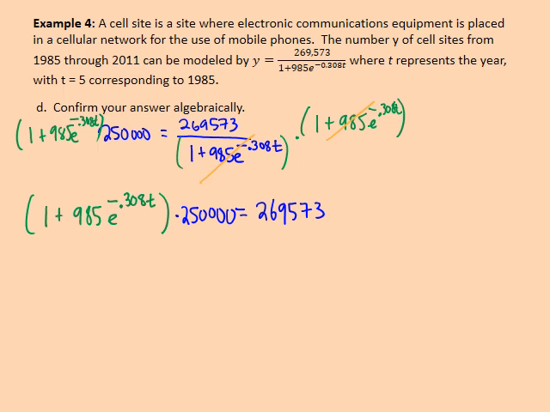Now, we would like to isolate the green portion. So we're going to divide both sides by 250,000. This is a fairly long decimal, so we're just going to leave it as a fraction. So we have 1 plus 985 e to the negative 0.308 t equals this fraction.